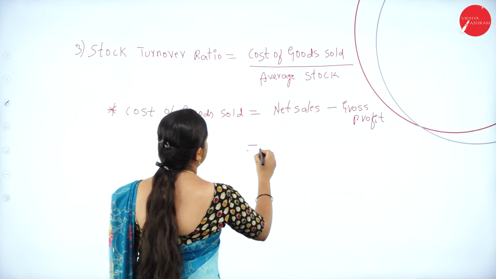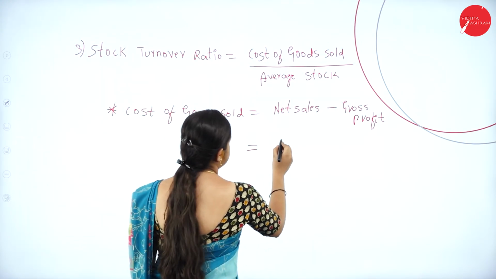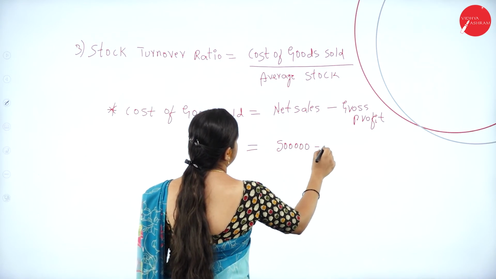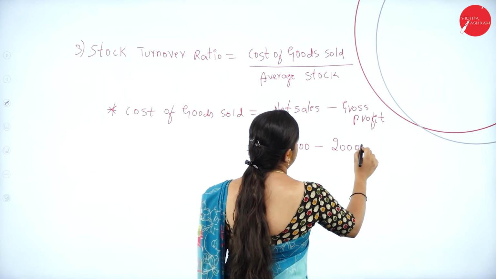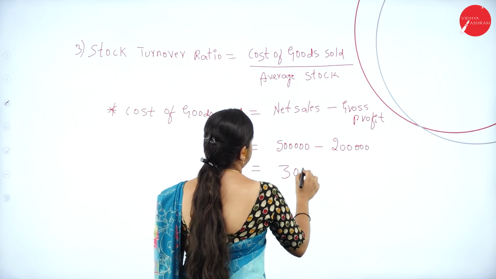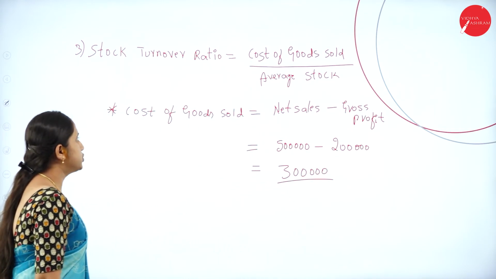So, in this problem, net sales is equals to 5 lakh minus gross profit is 2 lakh. 3 lakh is cost of goods sold.